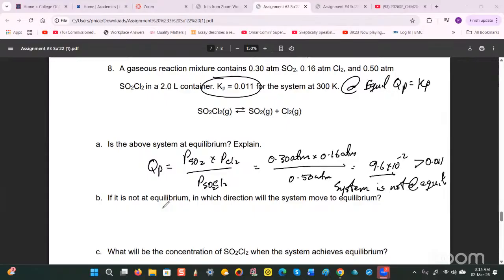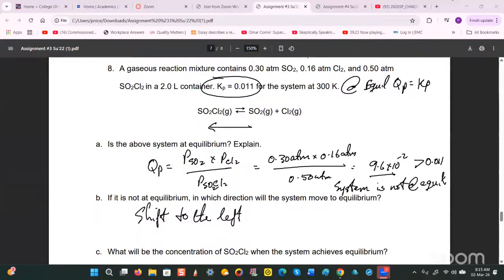So what that means, therefore, is that the system will shift in the direction shown here to the left so as to reduce the pressures of SO2 and Cl2 and to increase the pressure of SO2Cl2, and therefore the Qp would be lowered such that it becomes equal to the Kp. So the answer here is that it's going to shift to the left in order to achieve equilibrium so that Qp will now be equal to Kp. All right? So that's the answer for the B part.